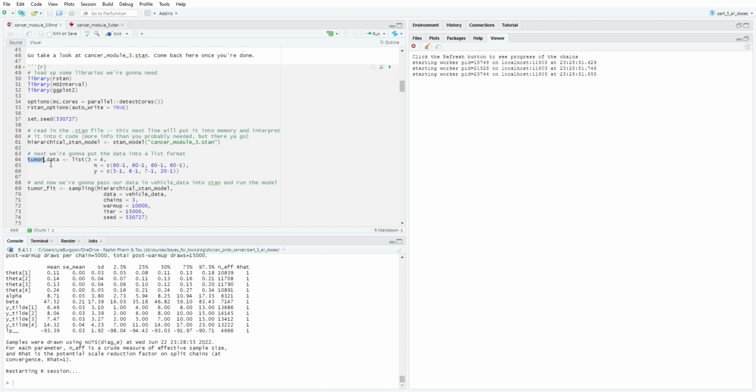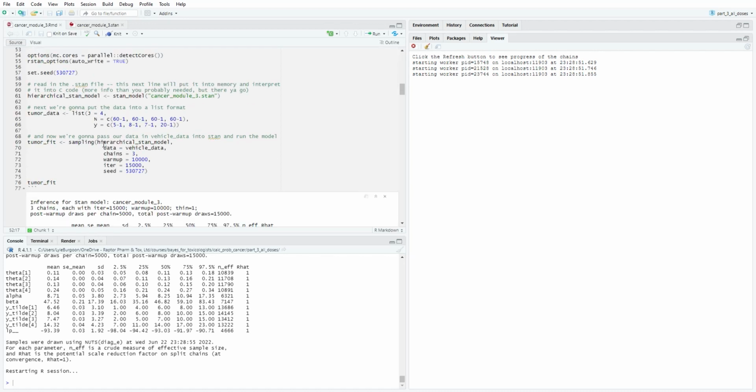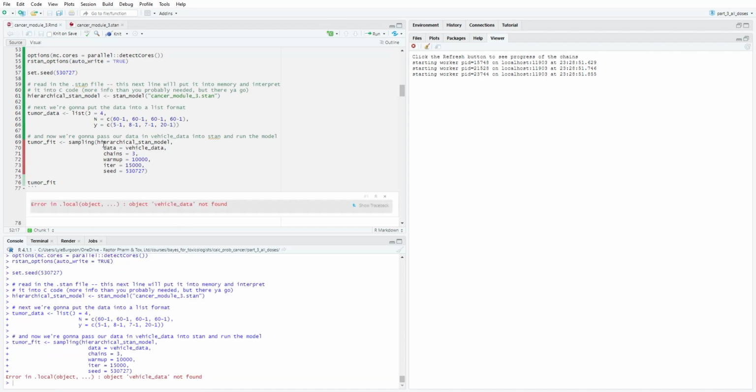But I'm calling this tumor data instead of vehicle data, and I'm calling this tumor fit instead of vehicle fit and treated fit. Otherwise, everything's pretty well the same. You can see I have this little error here where I forgot to change it. So you get to watch me type for a few seconds. Tumor data. Ta-da! All right.